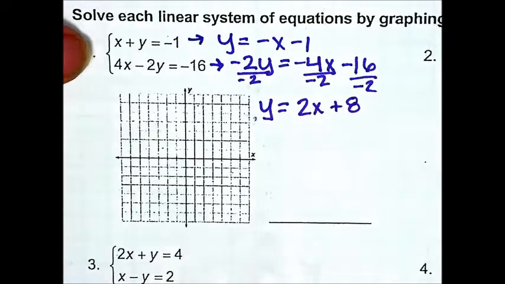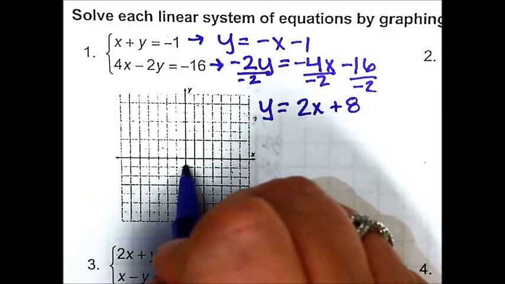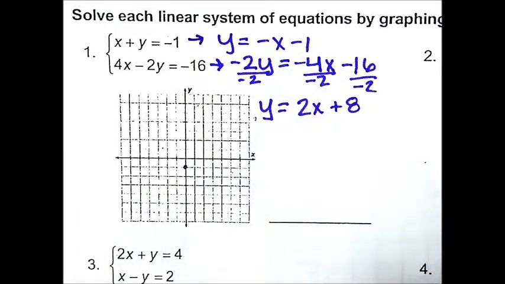Okay, we're going to go ahead and graph both lines. If you like to graph in different colors so you can see, that's okay. You don't have to. So the first one starts at -1, and it's -x. So you want to make your lines go all the way across the coordinate plane.